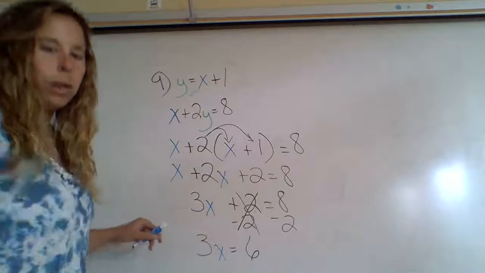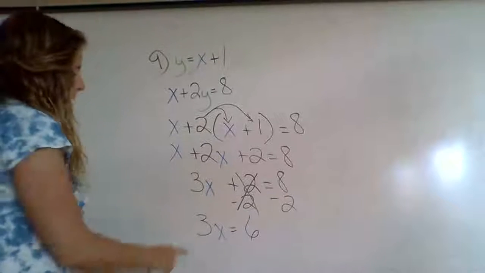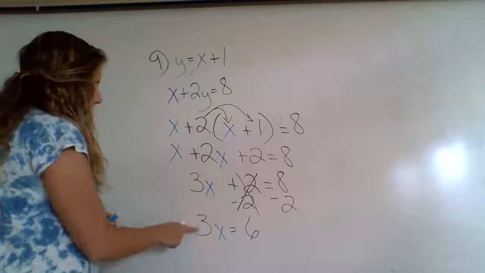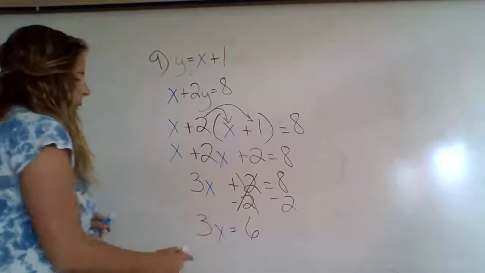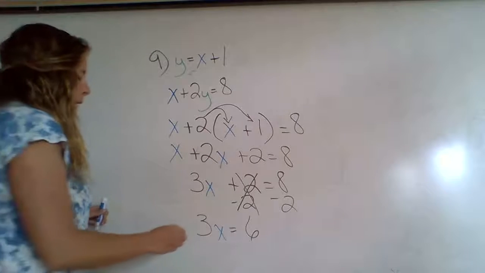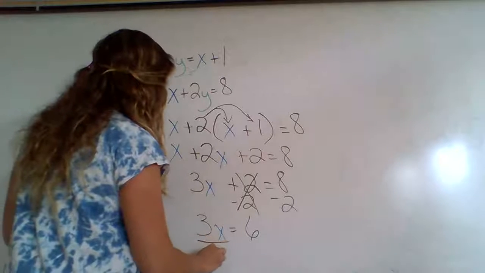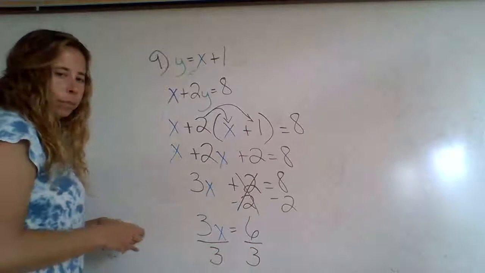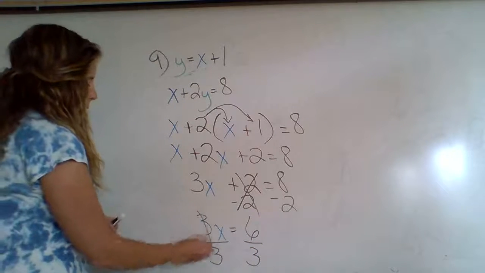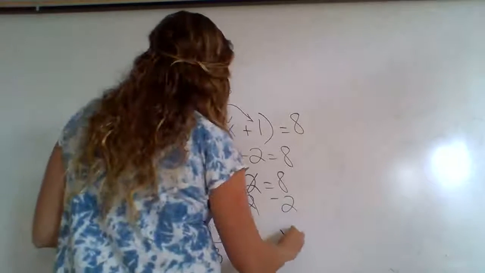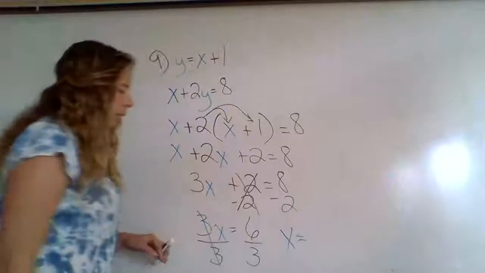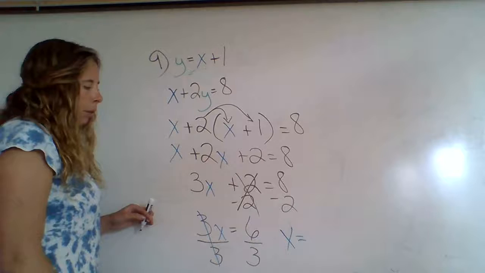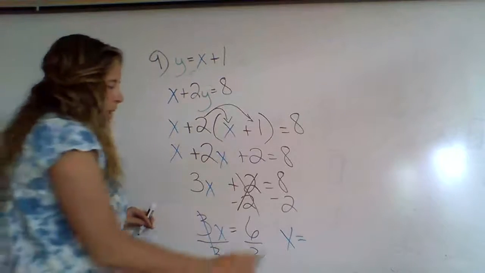The last step is to divide by 3, since this is 3 times x and we have to do the opposite of multiplying, which is dividing. So x equals 6 divided by 3, which is 2.